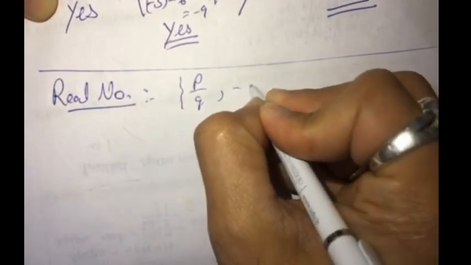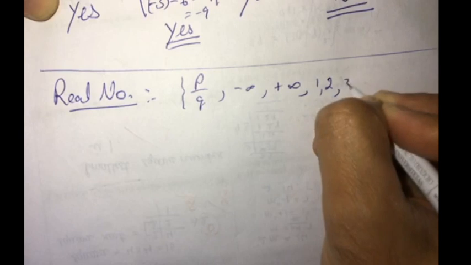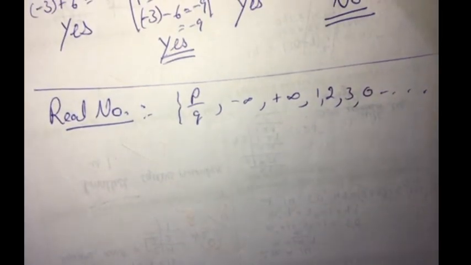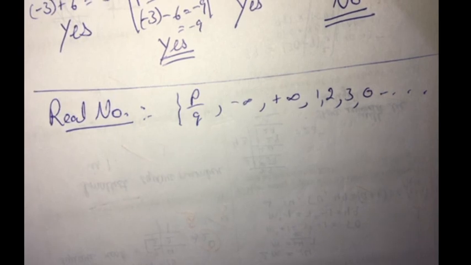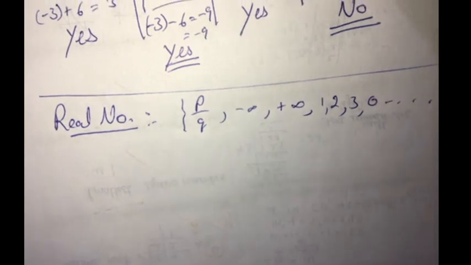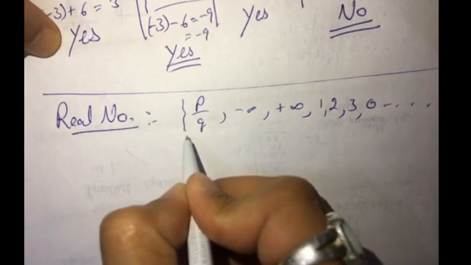Now next, after integers we have real numbers. Now what are real numbers? All the numbers including p by q form, negative, positive, 1, 2, 3, 0, etc. Everything which is under integers, whole numbers and natural numbers is a part of real numbers.